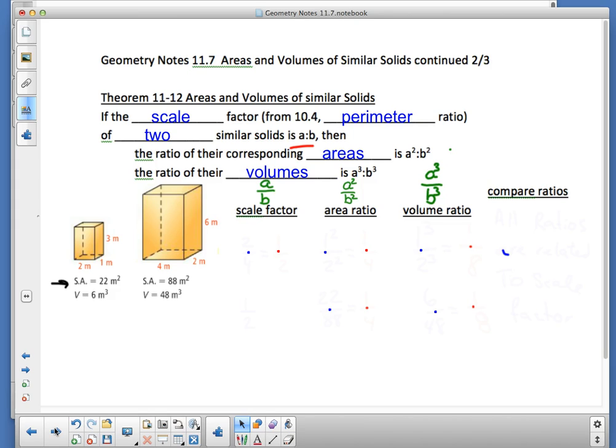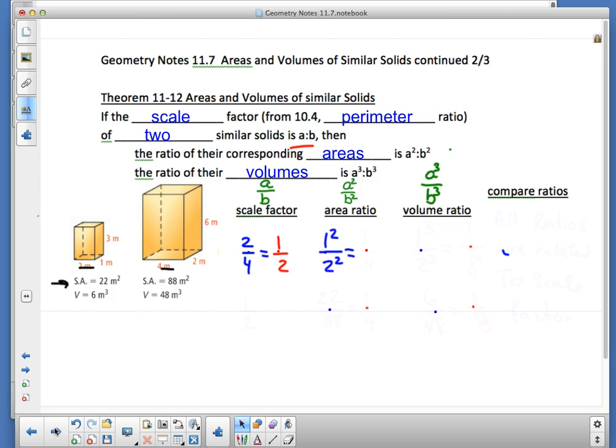I want you to keep in mind as we're doing this today, according to 11.12, if I line up two corresponding sides, say 2 to 4, they reduce to 1 to 2. That happens to be my scale factor. According to the theorem, the area ratio should be 1 squared to 2 squared, which would be 1 to 4.